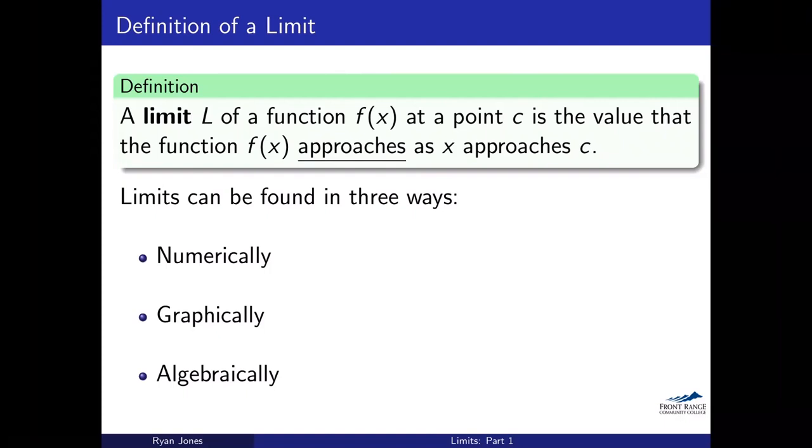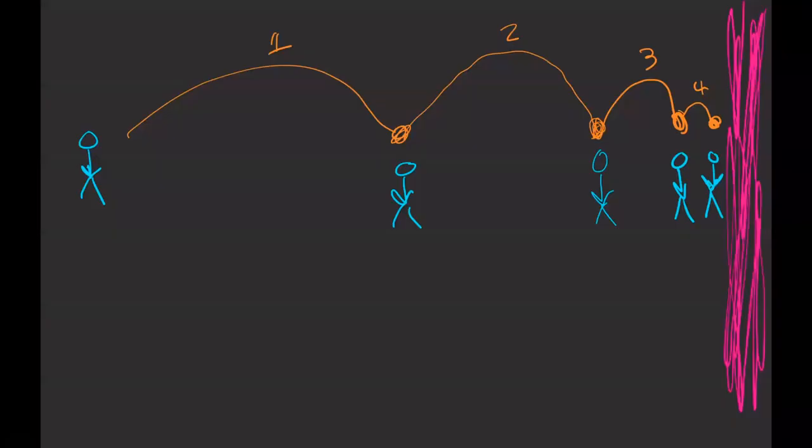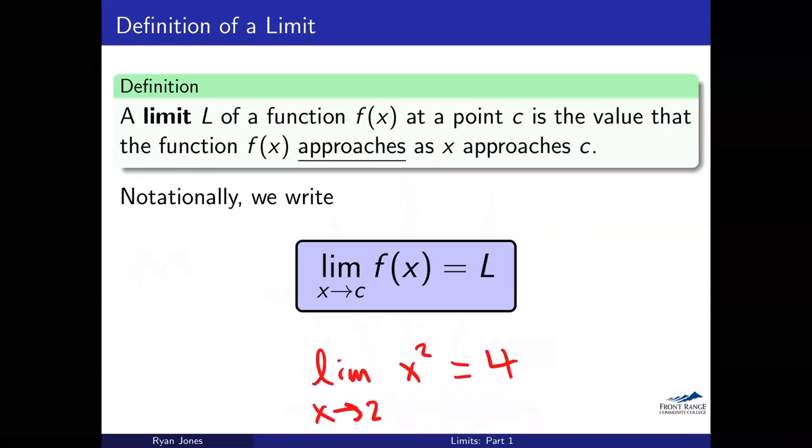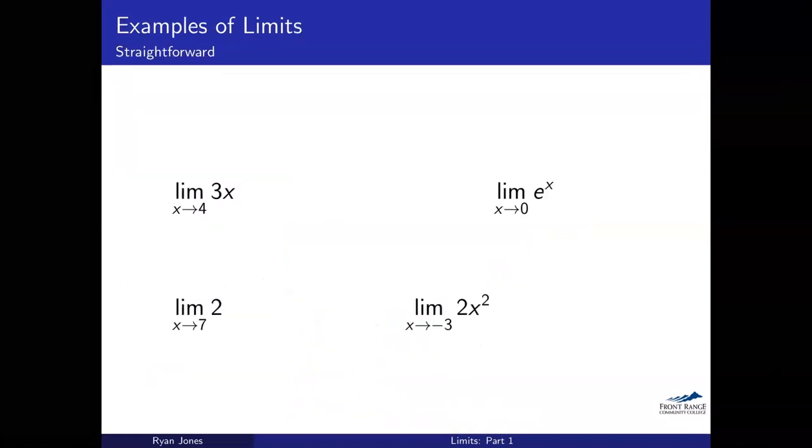It's the y value that I approach as I approach another x value. Going back to the example with the wall, as I move closer and closer to the wall, you might ask yourself, where do I start? Where do I eventually end up? Well, you end up at the wall right here, because I'm approaching it halfway each time. And that's exactly that idea of a limit. Let's go ahead and look at some very straightforward examples of limits.